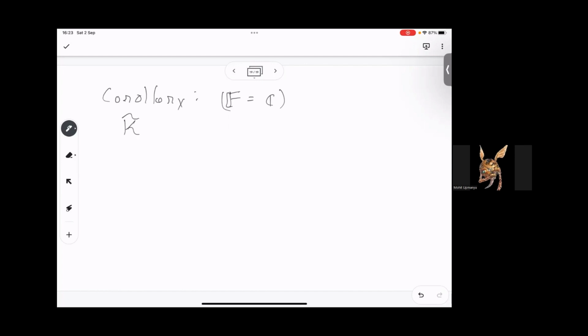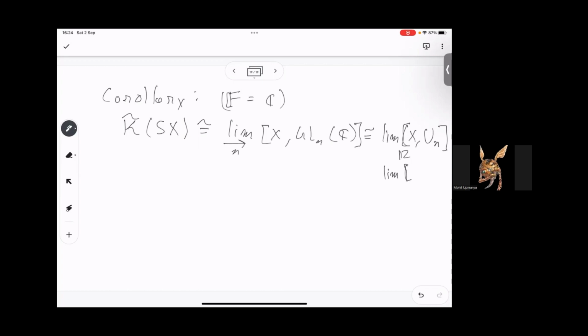So K tilde of the suspension of X is equal to the limit of [X, GL_n(C)], which is isomorphic to the direct limit of [X, U_n]. This is a general known fact that GL_n is homotopy equivalent to U_n. That's all I'm using here. And then we can take the direct limit and get [X, U infinity].